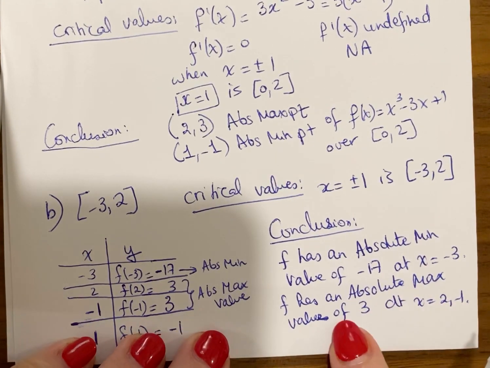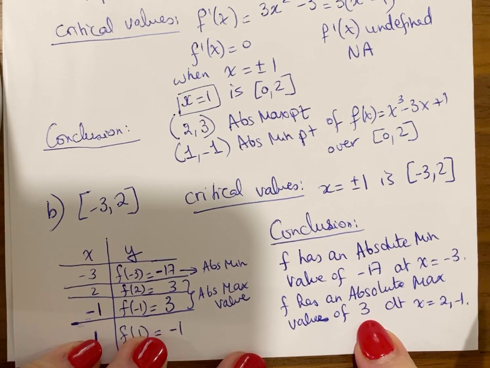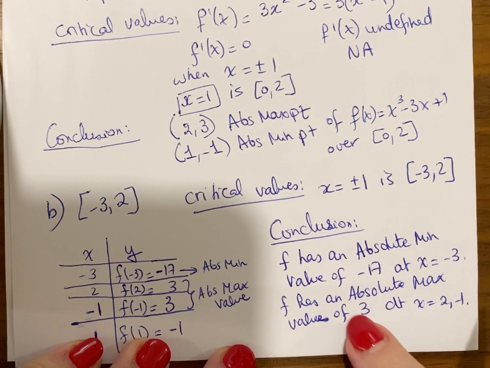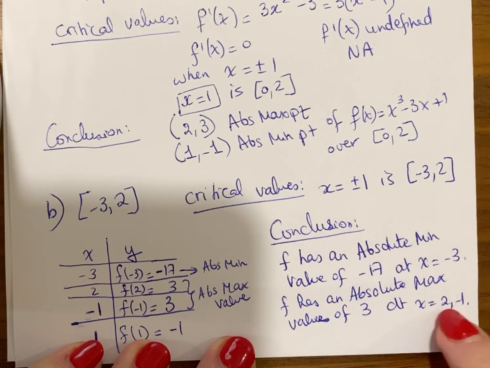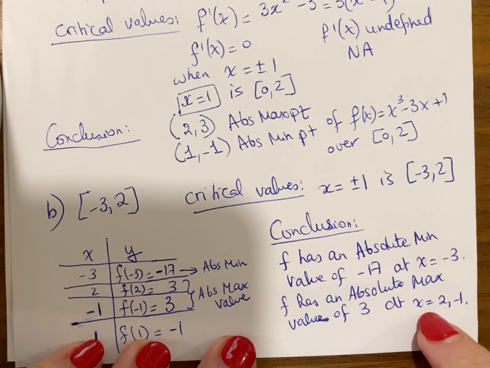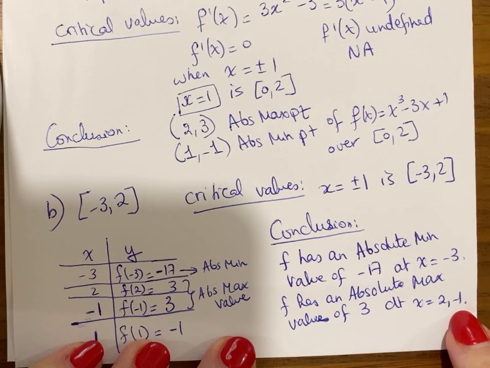So one absolute maximum value, not two. One absolute maximum value which is equal to 3. But this 3 is attained 2 times, one at x equals 2 and the other at x equals minus 1.